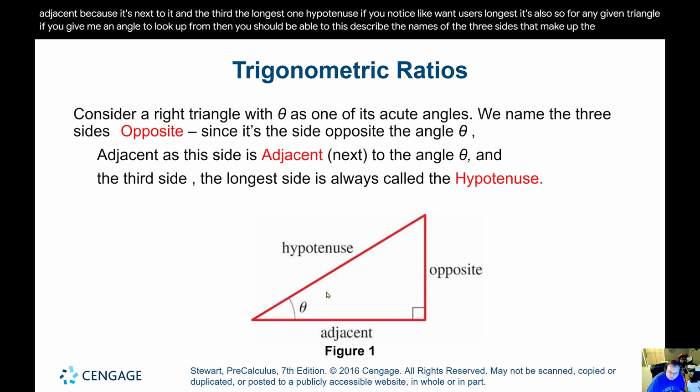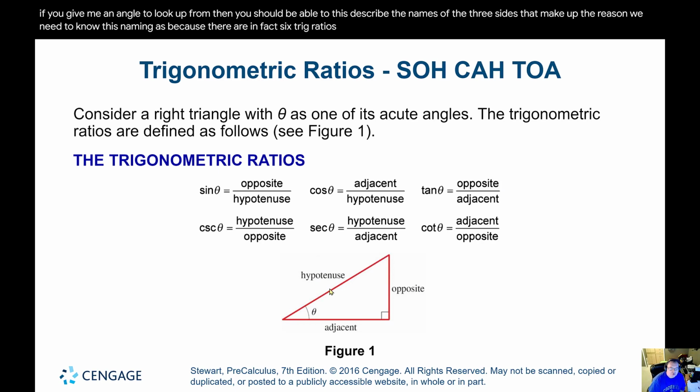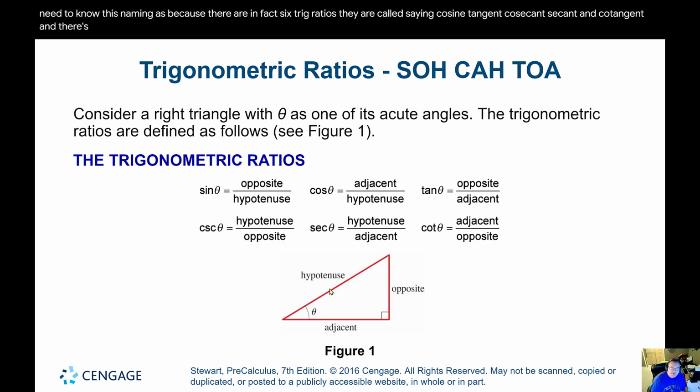Now, the reason we need to know this naming is because there are in fact 6 trig ratios. They are called sine, cosine, tangent, cosecant, secant, and cotangent. And it's very often a little mnemonic called SOHCAHTOA. If you look up here, SOHCAHTOA.